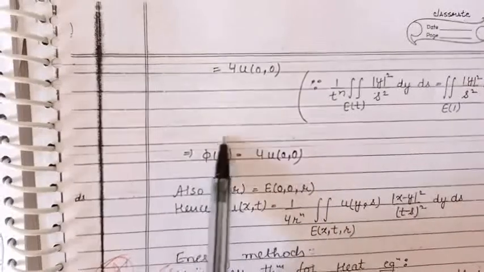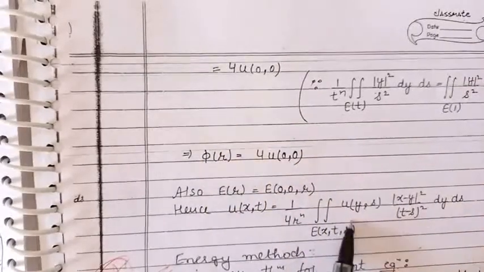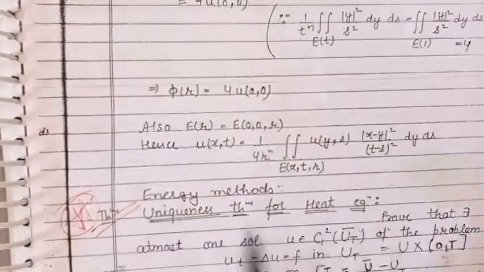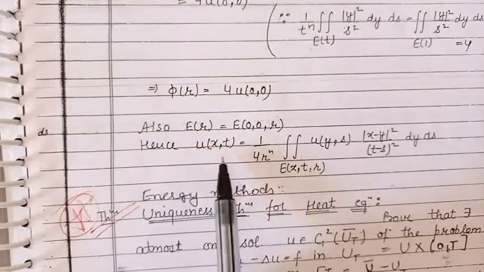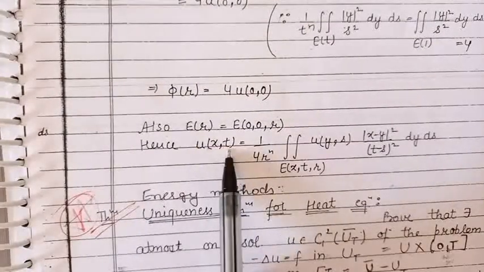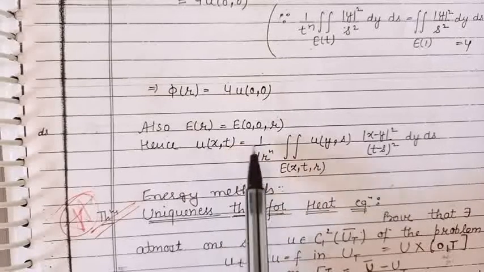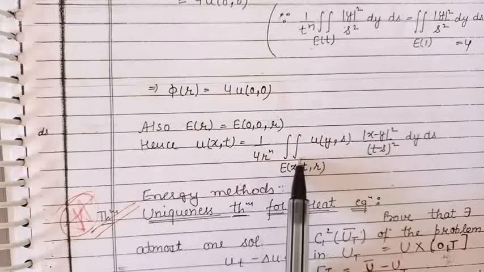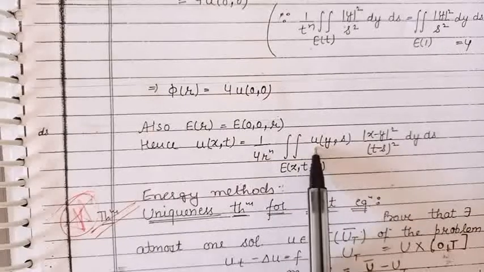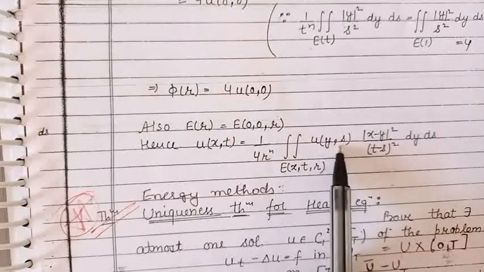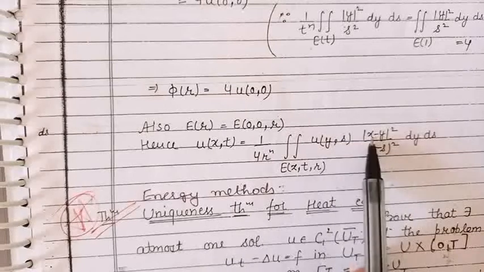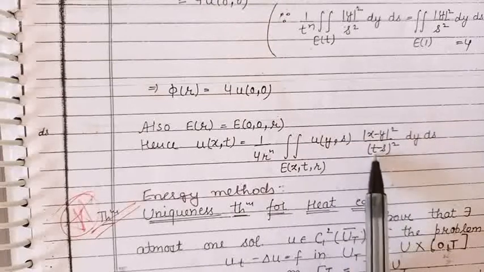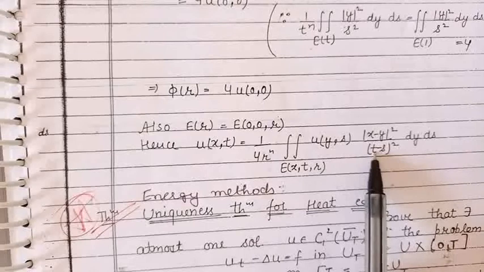Now substituting the value of function phi, we have obtained the value of function u at the point (x, t), which is given by 1 upon 4 r to the power n into the double integral of the function u at the point (y, s) into |x minus y|² upon (t minus s)².